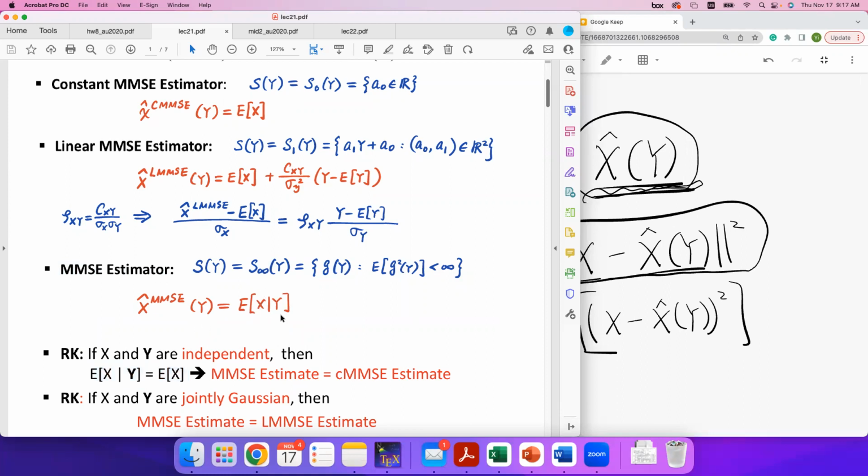This makes sense because in this case your observation does not tell anything about the underlying random variable, so the best you can do is to estimate it as a constant.